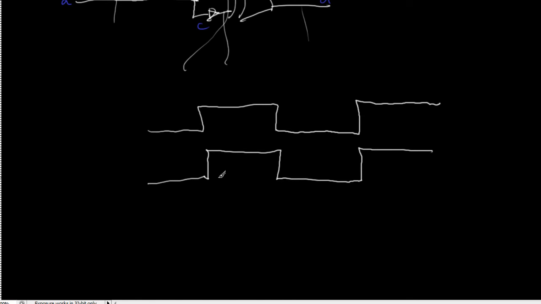So there's B. C is going to be the same as B, only it's going to be a little bit delayed, right? Because B is going directly in, but C here has to propagate through this buffer. So it's going to look like this.